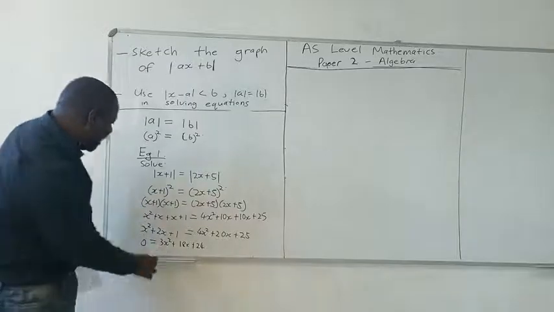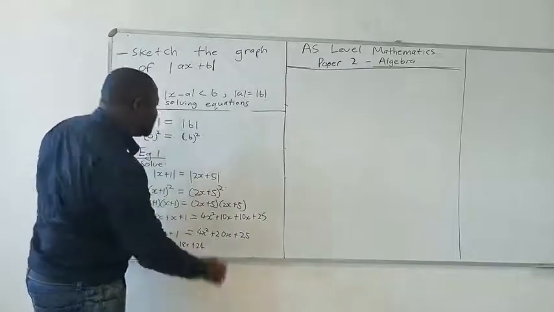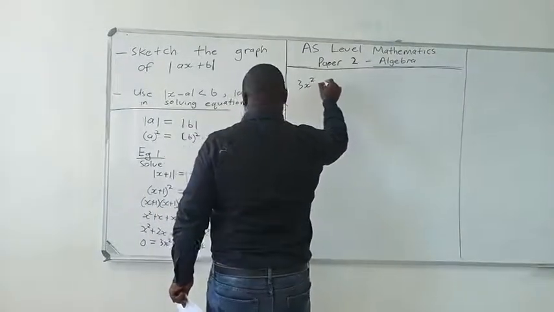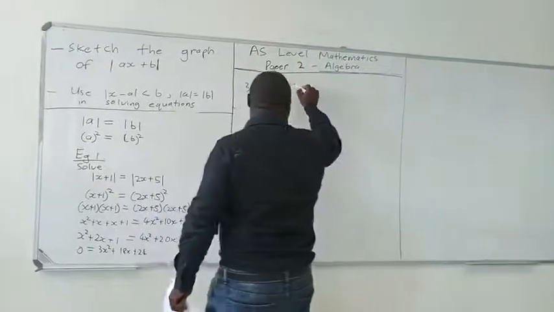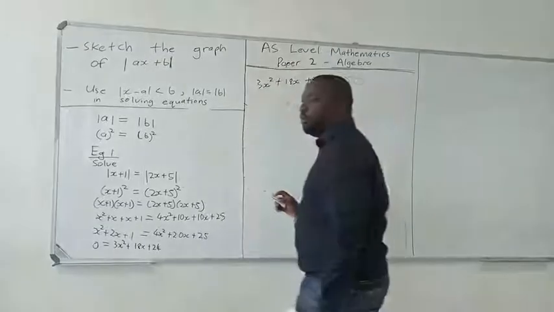So 3x squared plus 18x plus 24 is equal to 0.